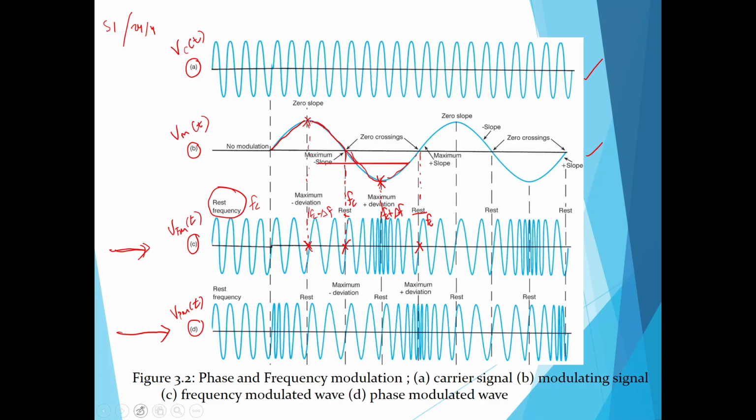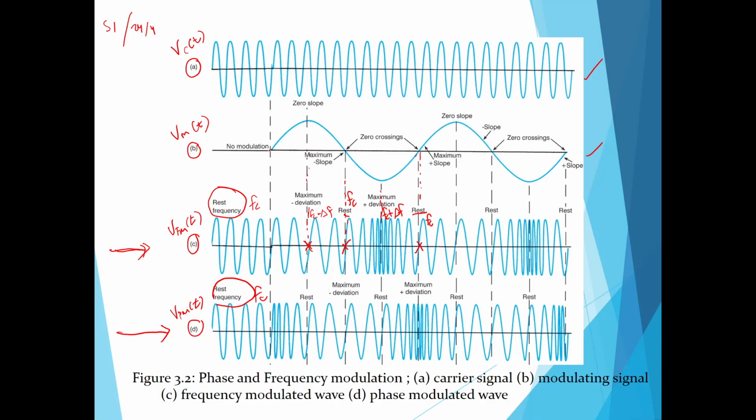Okay, so I will erase this one. So initially the carrier frequency is at rest frequency, which is FC, and remember for the PM, for the phase modulation, critical change happens during zero crossing.